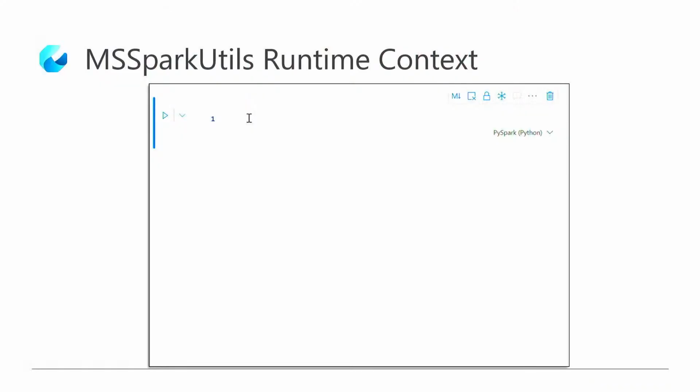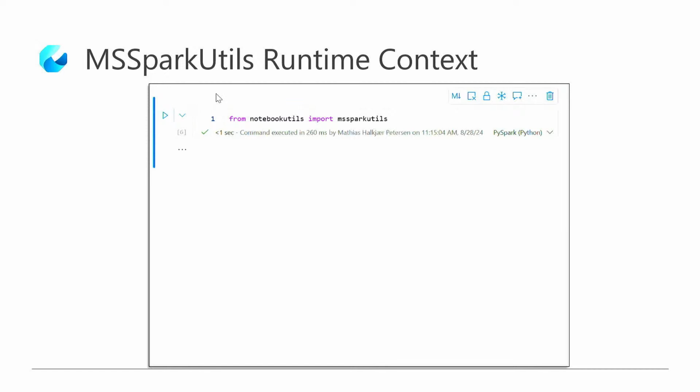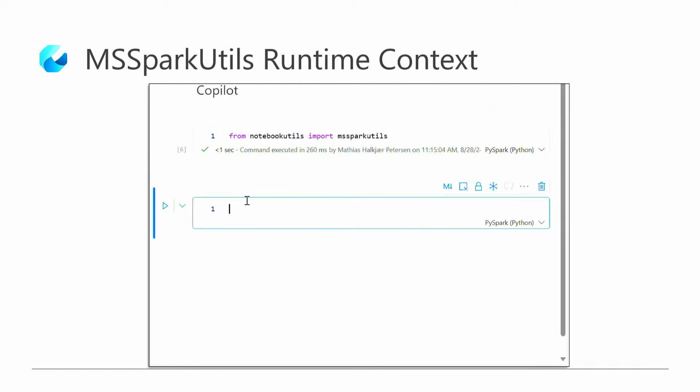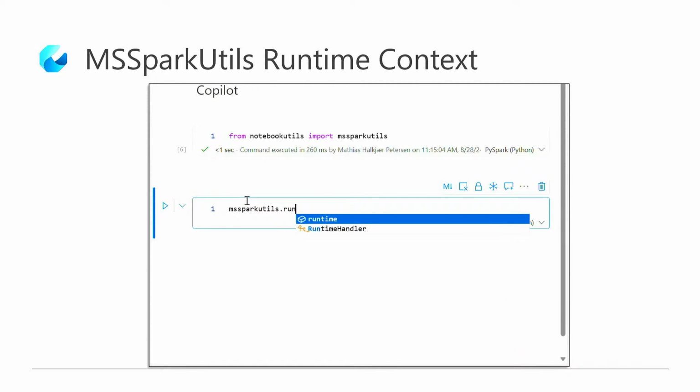On top of that, we also have an addition to the MS Spark utils, which is a new function that will give us runtime context. This may seem like a small thing. How we do it here in a notebook is just to write out MS Spark util.runtime.context, and that's it.